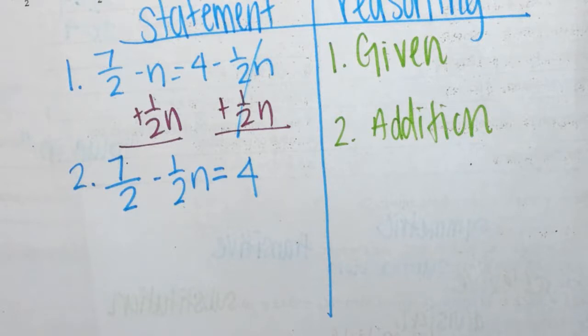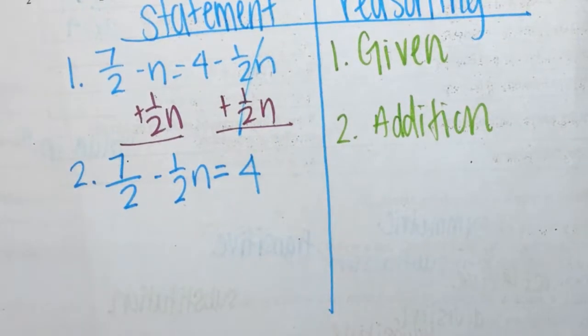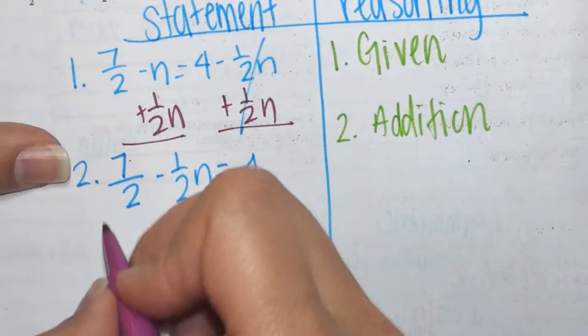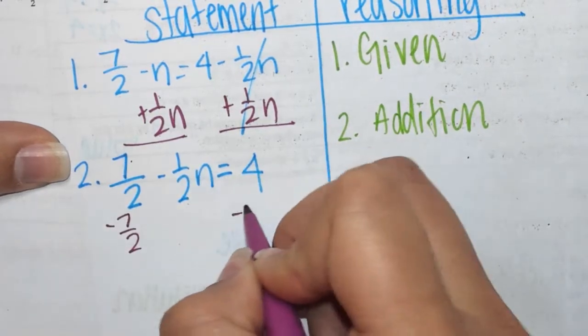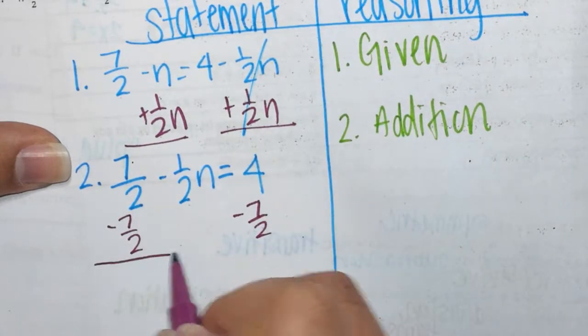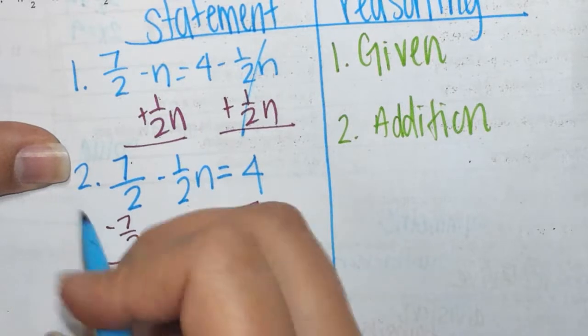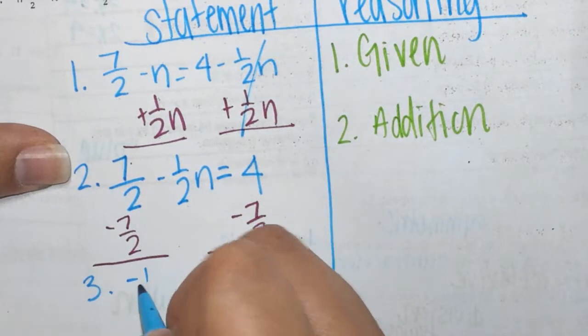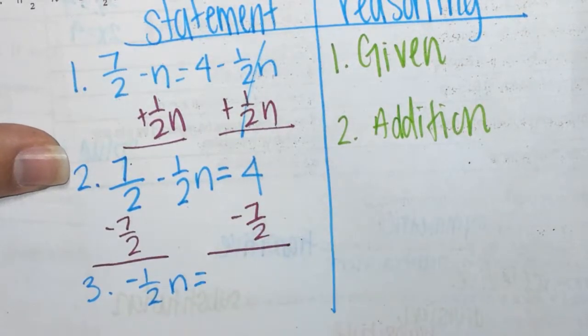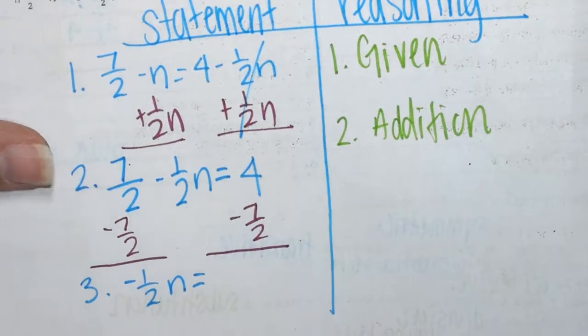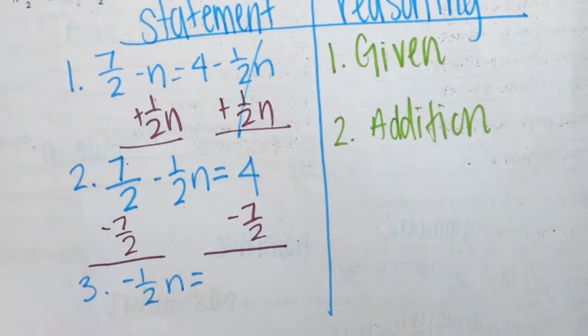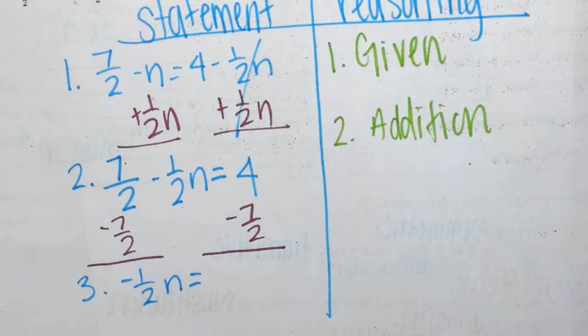Subtract what? 1/3. No, what would I subtract? 7 halves. So that would be negative 1/2 n equals, can anybody tell me what 7 halves minus, 4 minus 7 halves is? You have calculators, don't you?